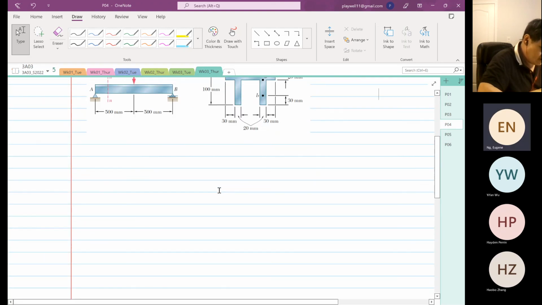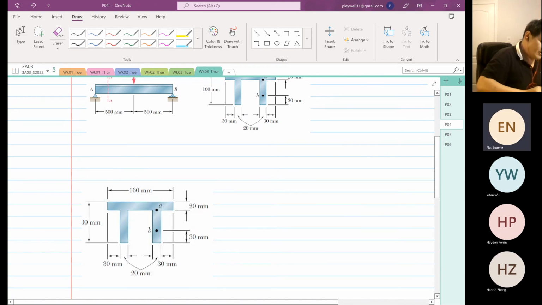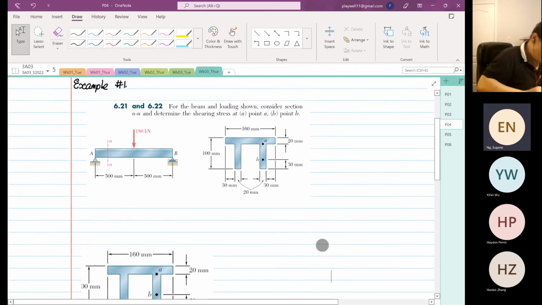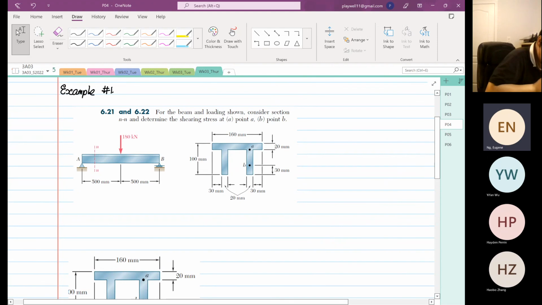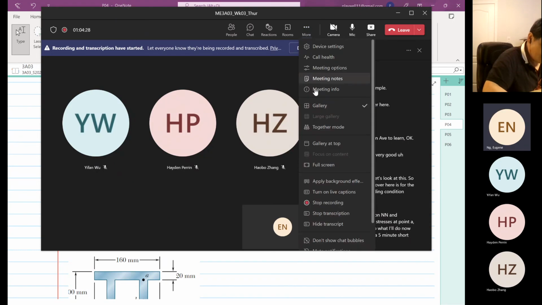And this is a very good learning example. Okay, let's look at this. So what we have over here is, for the beam and loading condition shown, consider section NN and determine the stresses at point A and point B. Okay, so what I'll do now, we will go for a 5-minute short break, and then we come back.